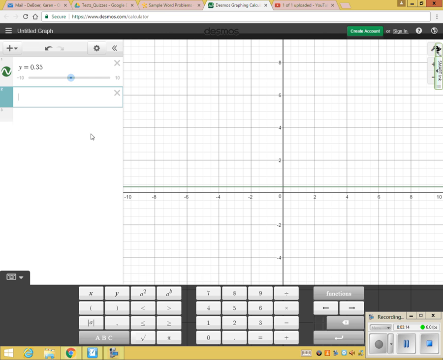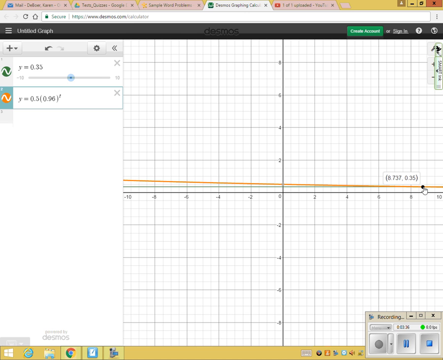Second equation is y equals 0.5 times 0.96 to the power of t. Exponent button, t. And we're looking for a point of intersection. So even though they put a dot here, that's just where it's intersecting with the y-axis. We're looking where the two lines intersect, which is here.